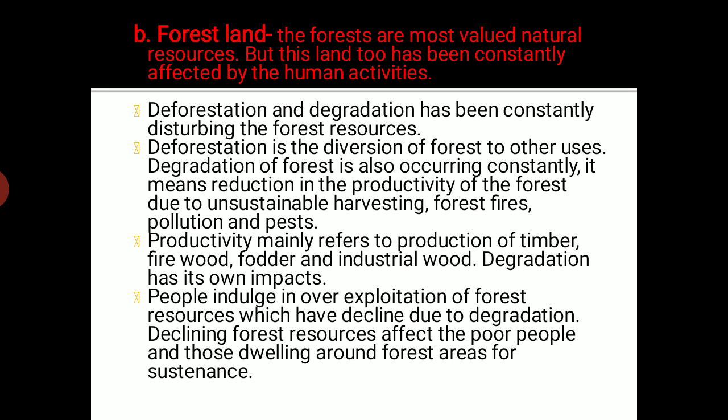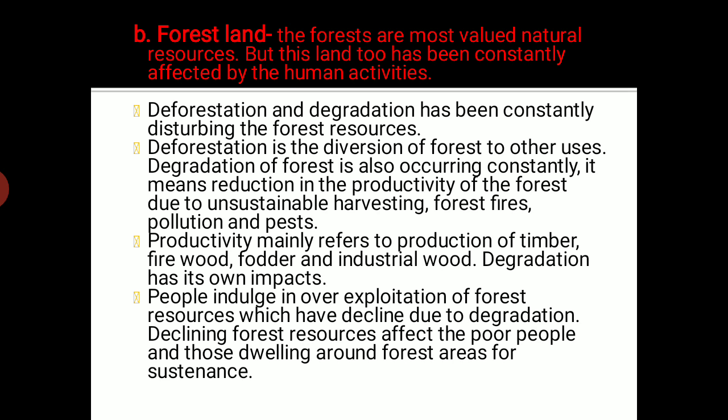Now what is this forest land? The forests are the most valued natural resources, but this land too has been constantly affected by human activities. We know this, right? Because of our human activities, or the rising population, the forests are turned into urban habitation, or cut down, and for one reason or another we deforest, and that actually disturbs the forest resources as well as the land.